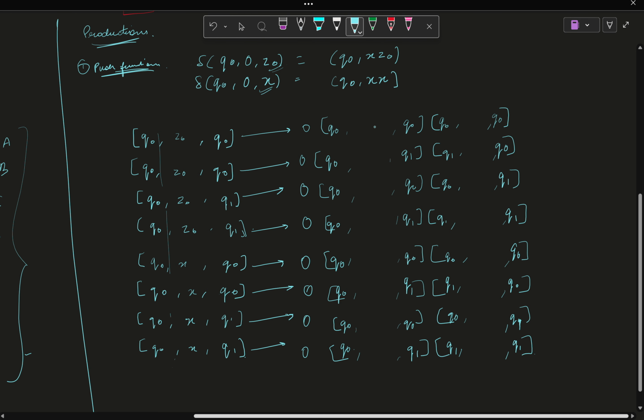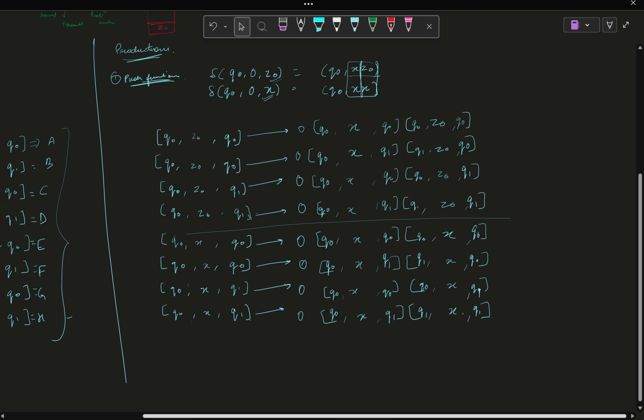Now let's start by defining X and these output rules out of the transition functions. As you can see, first X is coming, then Z0 is coming. So let's define these 4 as X Z0, X Z0, X Z0, X and Z0. And for these 4, where X is our input, we define X, X, X, X, X, X, X, and X.